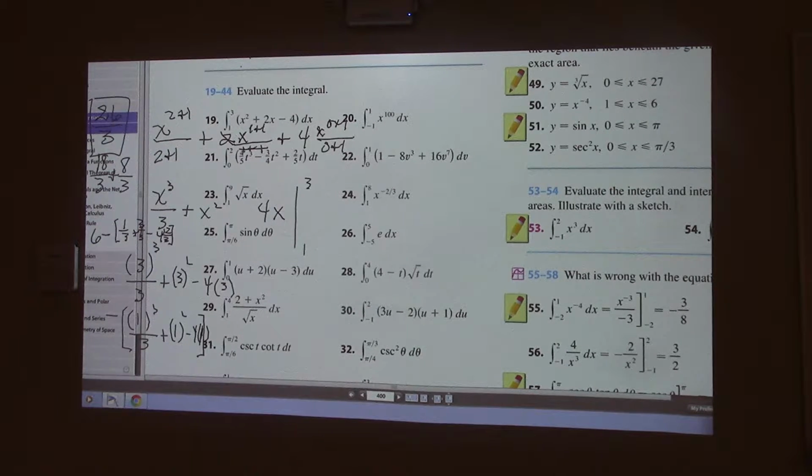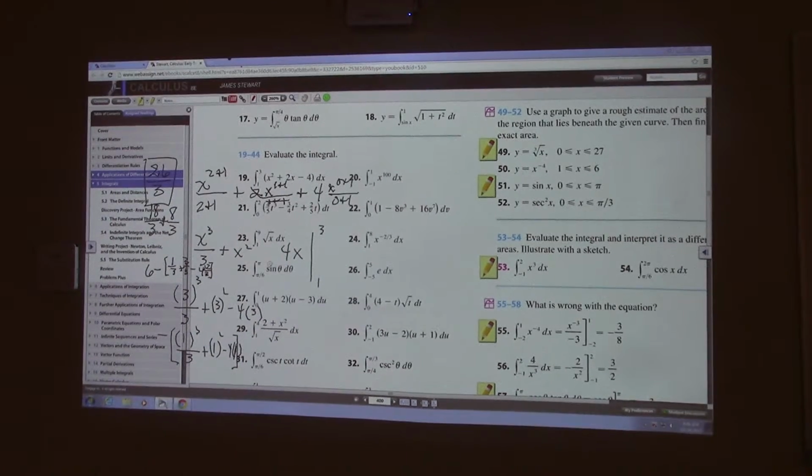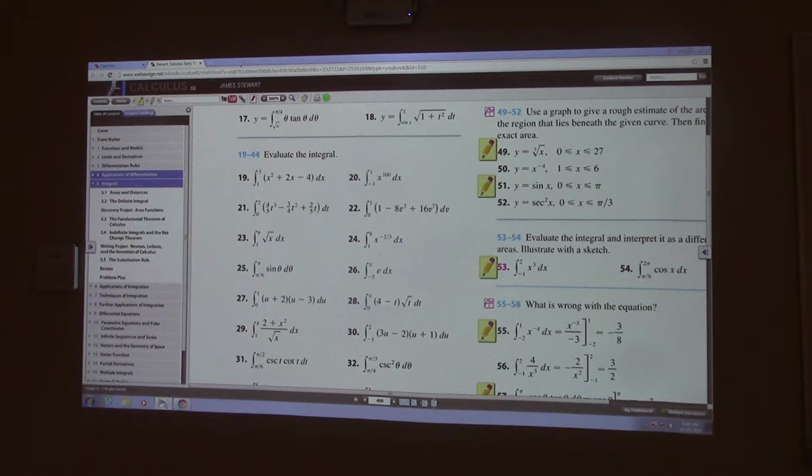Let's go ahead and get out of here because I'm going to get a white screen up here where we can actually work some more and y'all can actually see what's going on. I'm not worried about the trigs yet because I haven't even seen where they introduced the trigs, so I must have missed it.